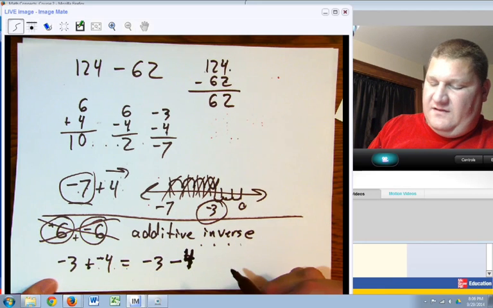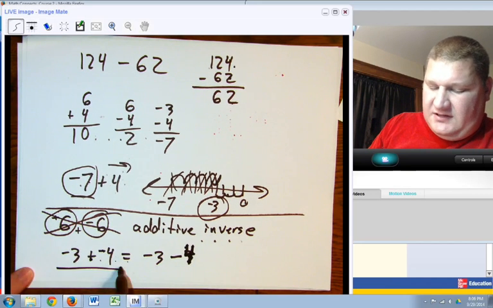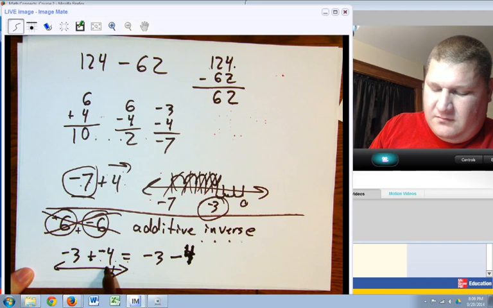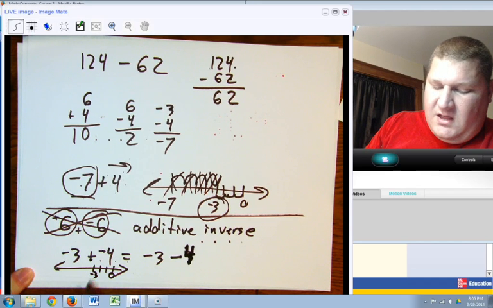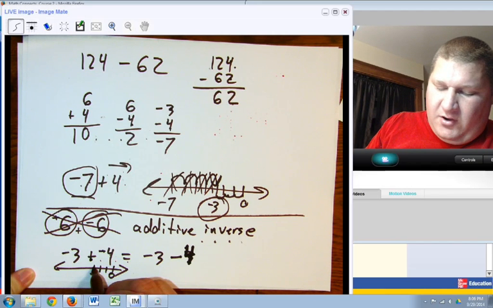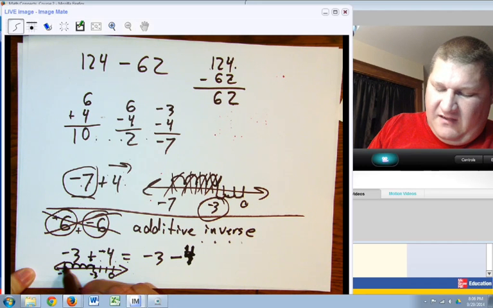Now, the way to think about that is let's look at our number lines. If I say I owe somebody $3 plus I owe them 4, I'm going to go back another 1, 2, 3, 4. I'm back at negative 7.